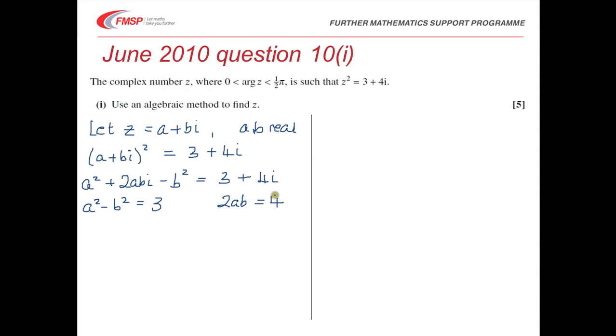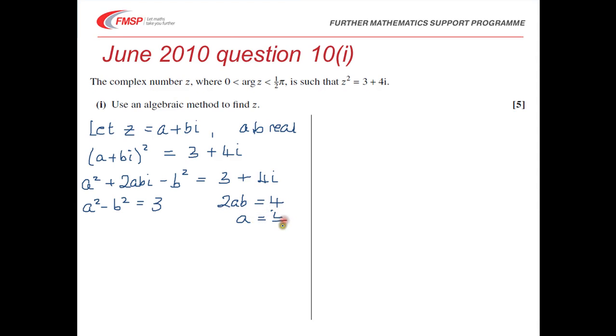So what we've got here are two equations in a and b which we need to solve simultaneously, and we're going to do that by a method of substitution. We could take this equation, divide it through by 2 and rearrange it to make a the subject.